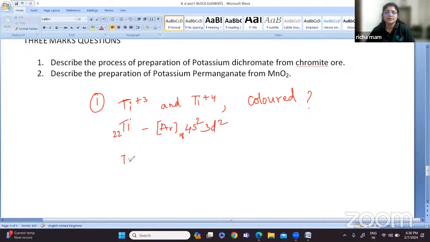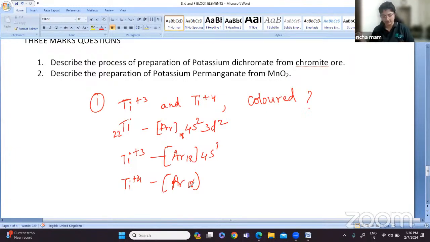Yes. Titanium plus 3 will be argon 18, 4s1. And titanium plus 4 will be only argon 18. Okay.